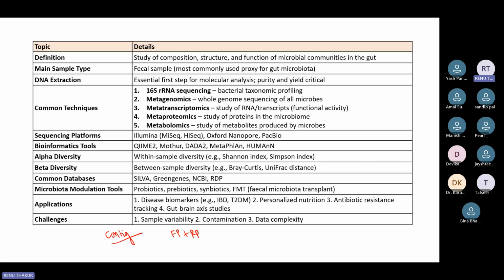For reliability purposes, we go for both the forward primer and the reverse primer. We cannot go only for the forward or only for the reverse, because whenever you are going this way, the sequence will be A, T, G, C, T, C, and whatever. And if you are going from the other way, it should be C, T, C, G, T, A, and nothing else.